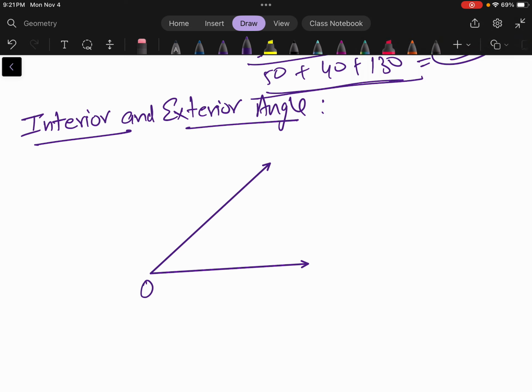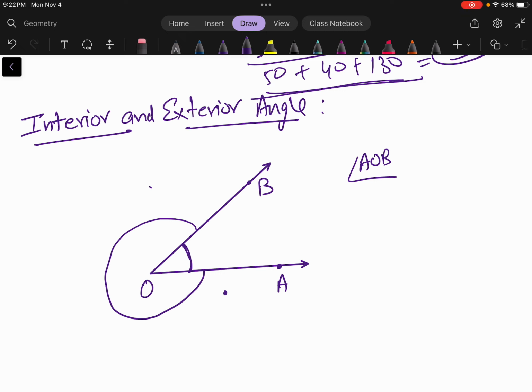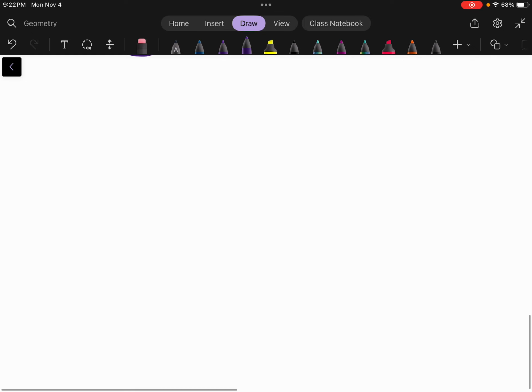That is not inside A and B. If any point is here, that is known as the exterior angle. Okay, clear? So now there are a few points that we should know.